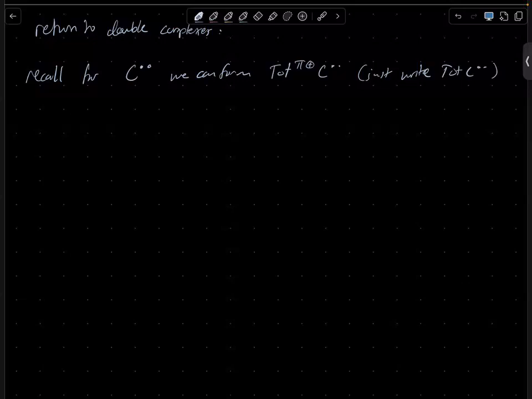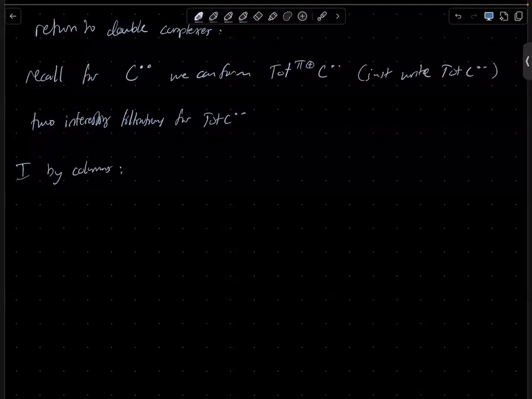And so there are two interesting filtrations we can choose for the total complex of C bullet. Okay. So the first one is by columns.